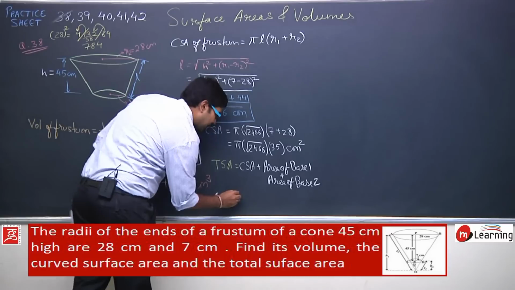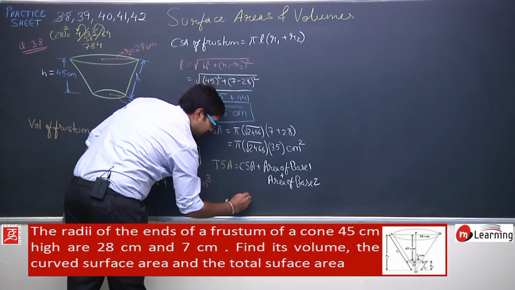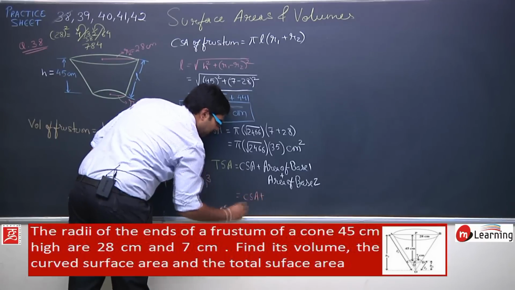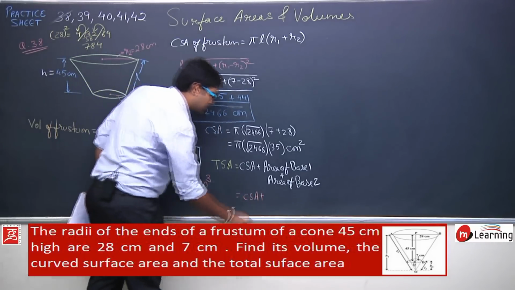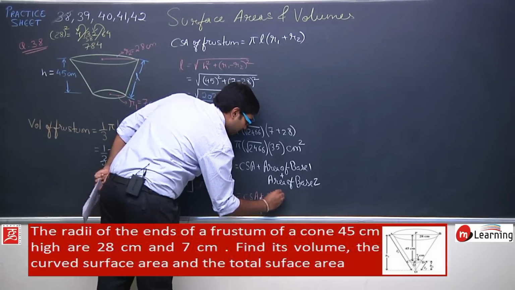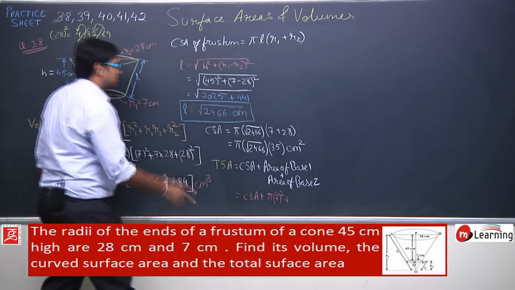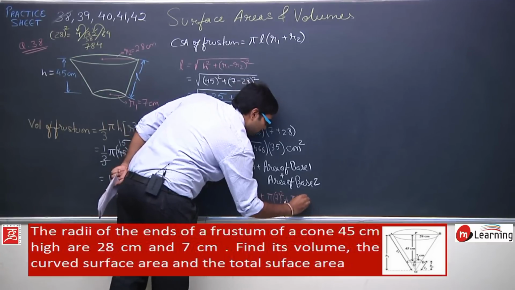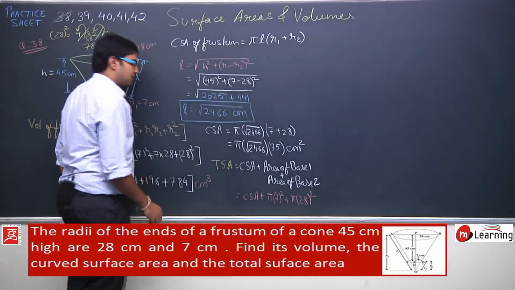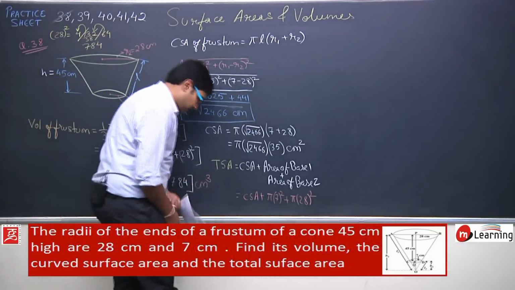So curved surface area is, this is what we have, that is CSA plus area of base 1. Area of base 1 is pi into 7 square plus area of base 2 is pi into 28 square, and this much centimeter square.